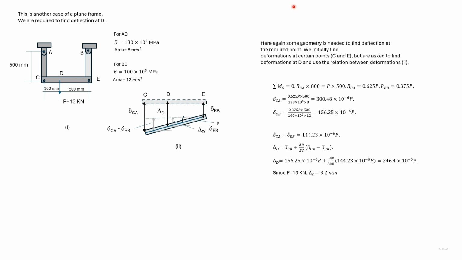Then using tan theta, since we know DE, we can find this distance or del D minus del EB. We know del EB, so we can find del D. So here we have found out first del D in terms of load P, and then put the load in to find out the value of del D.